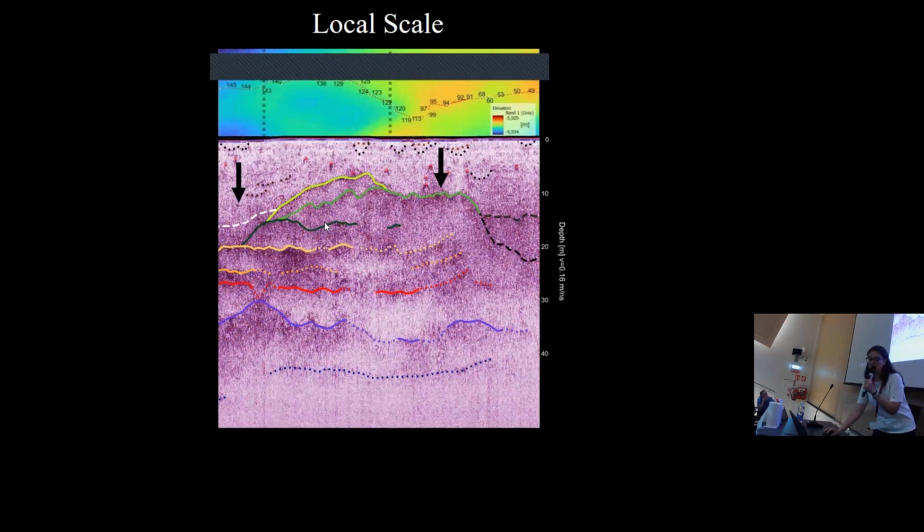This unit is characterized by a constant thickness of about 3 meters and an inclination of about 15 degrees. It is located on top of this other spatially coherent unit, which was previously interpreted by my colleague as unit 2.